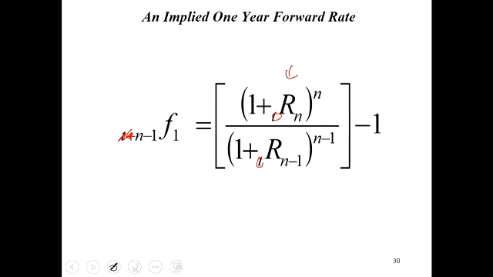So solving for this rate, this is the one we want to find here. The N minus 1 F1 rate is going to be this one, 1 plus 0RN to the power N divided by this one here, 1 plus 0RN minus 1 to the N minus 1 power, subtract off the 1.